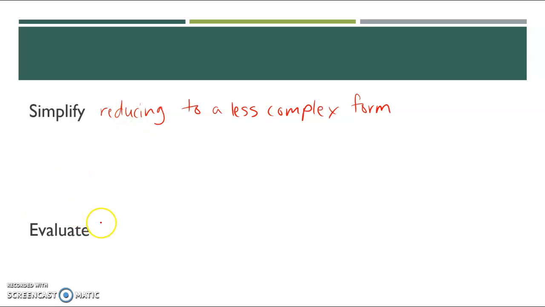Whereas evaluating, when we evaluate, we are finding a numerical answer. So like when we were doing the substitution property, we found that the expression came to equal something like the number 10. Whereas when we're simplifying, we're going to still end with an expression as our answer.